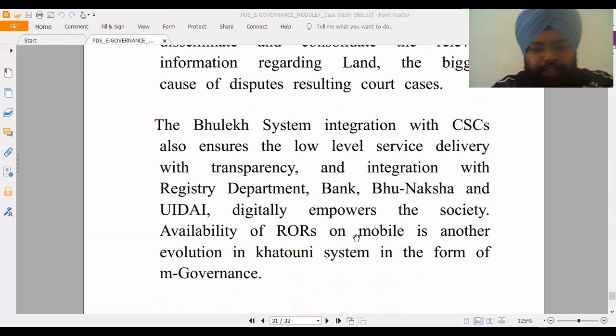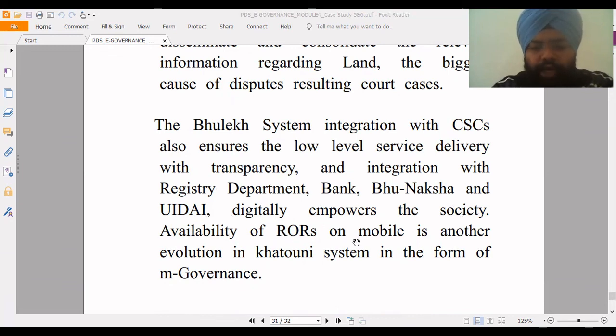The Bhulekh system integration with the CSC also ensures last-level service delivery with transparency, and integration with the registry department, bank, Bhu Naksha, and UIDAI digitally empowers the society.